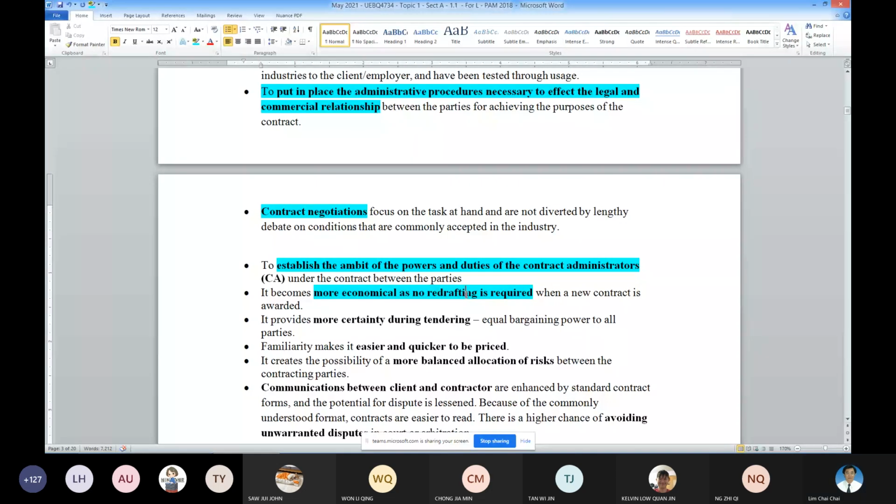Okay, yeah. Next, you have certainty in your tendering. The reason is this, because the terms and conditions are written there. The people that are using it are very, very familiar already. Then they know the risk when this type of contract or standard form is being used.